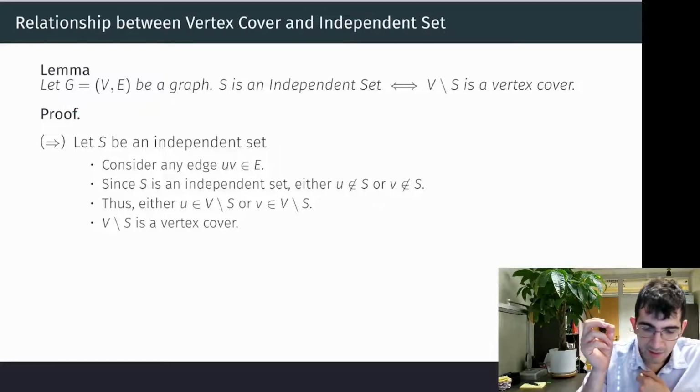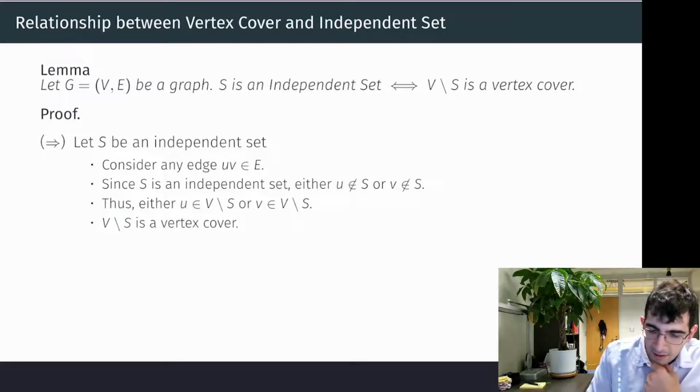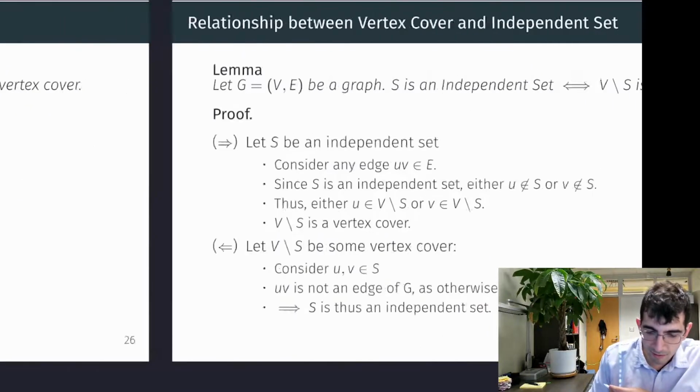Okay, so either one of the endpoints is part of the independent set and one is not, so one of the endpoints is part of the vertex cover, or both of the endpoints are part of the vertex cover.